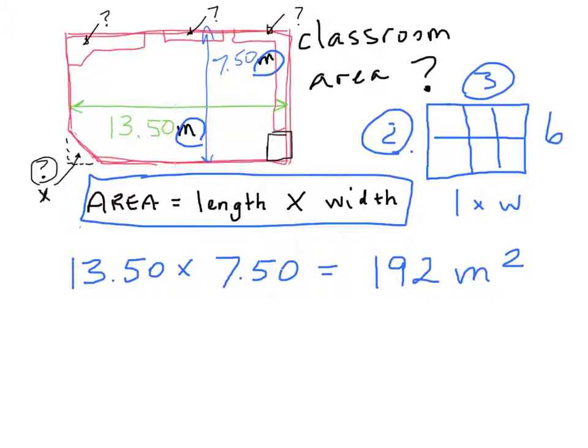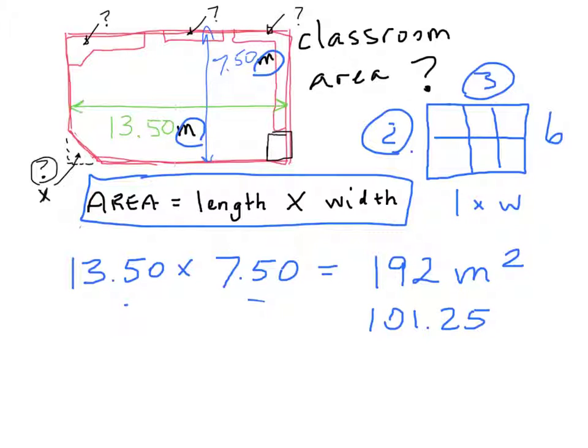Zach, did you get the same answer? No, I got 101.25. Okay, 101.25. You know what, guys? I'm pretty sure that makes sense, because right off the bat, I see a 5 and a 5. And if I'm multiplying 0.5 by 0.5, a half of a half is going to be 0.25, which is 1/4.